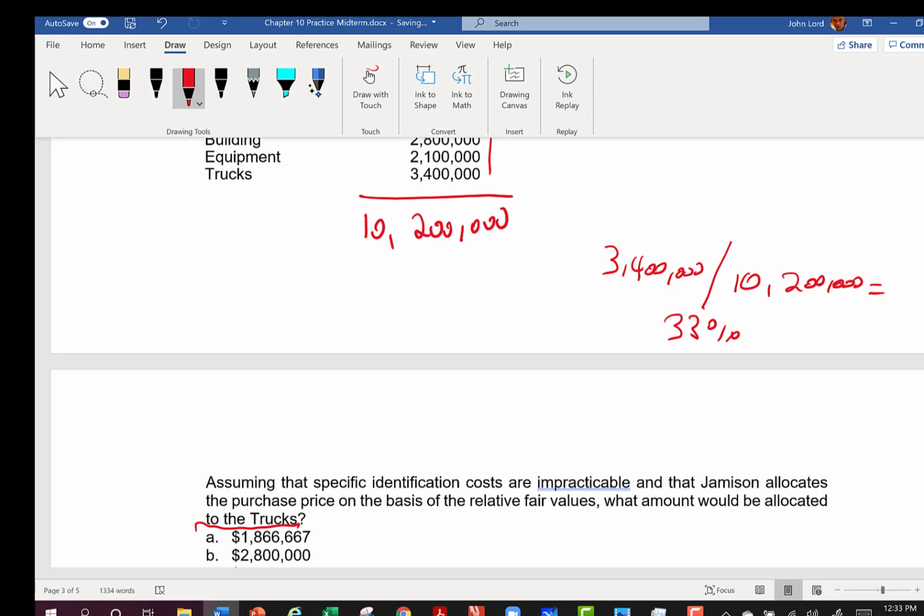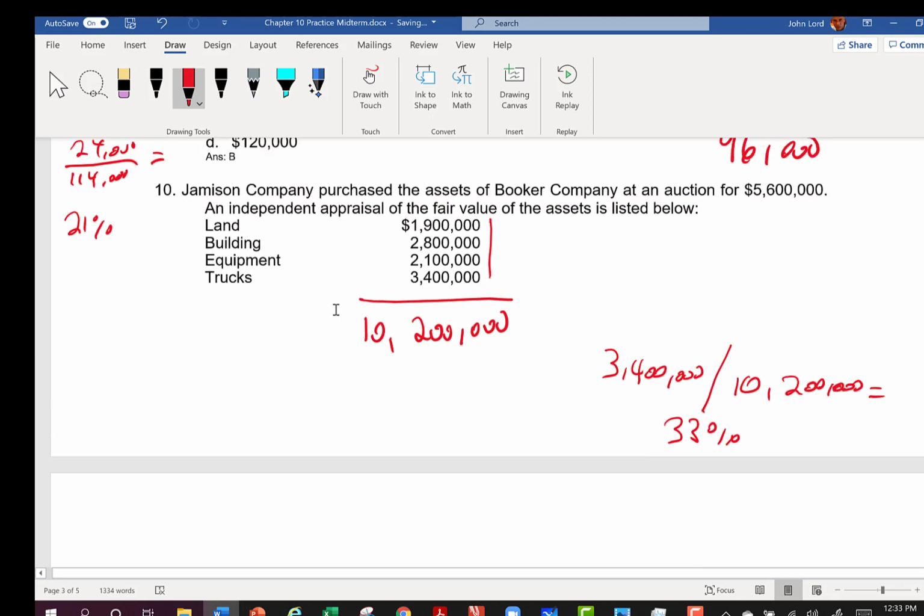Then it's easy. Then you take the purchase price. They purchased all this stuff for $5,600,000. Okay, and what happens?